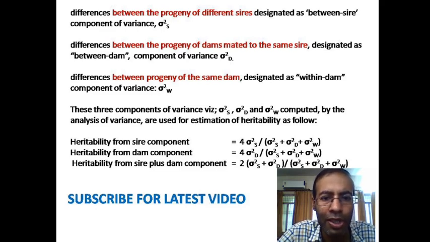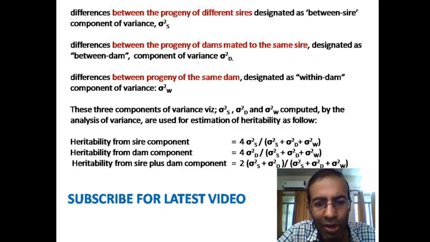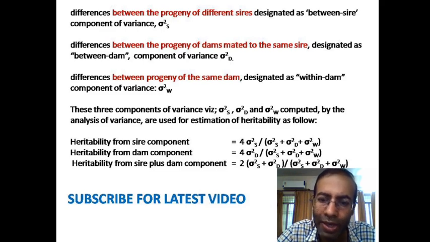So these three components of variance are estimated using ANOVA, and then there are three ways to estimate heritability. First, heritability from sire component: 4 times sigma square s divided by the summation of sigma square s plus sigma square d plus sigma square w.